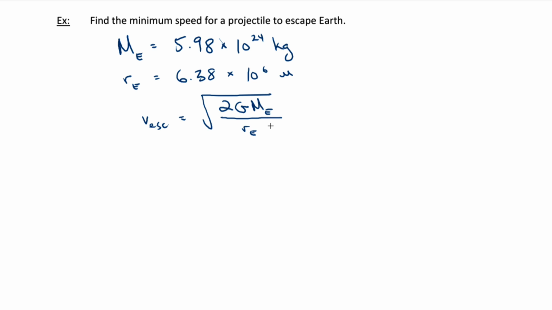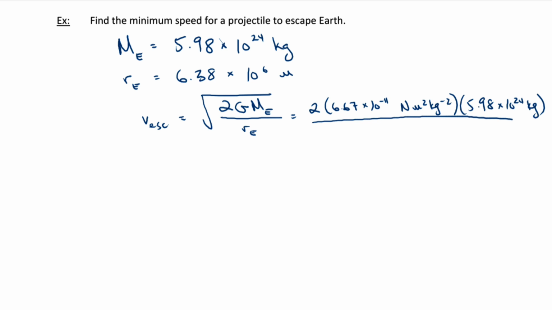We're assuming that we are flinging this projectile from the surface of the Earth, and that's equal to 2 times 6.67 times 10 to the negative 11, our gravitational constant, which has units of Newton meter squared per kilogram squared, multiplied by our mass, and divided by our radius, and then all square rooted.